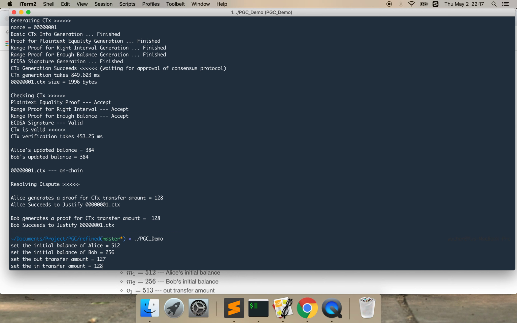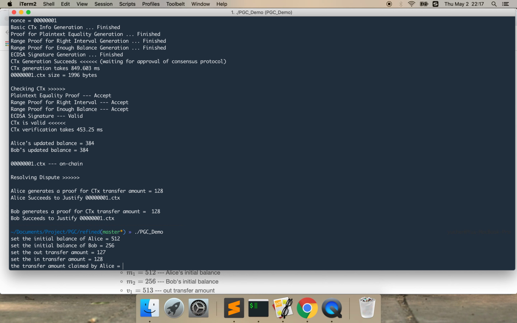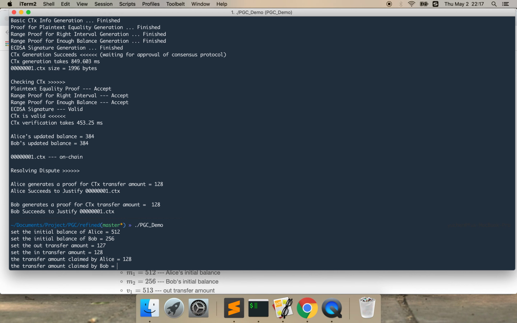Clearly, this is invalid because the out transfer amount is less than the in transfer amount. Both Alice and Bob claimed the transfer amount is 128.